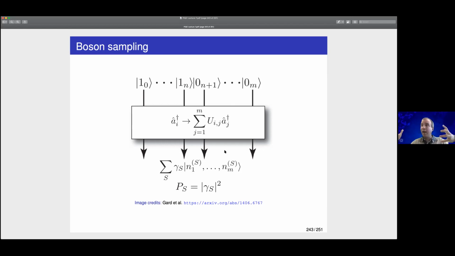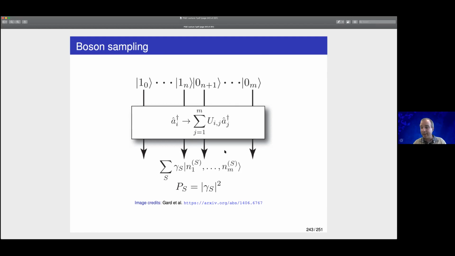And then you have some photon detectors at the other extreme of the network. And then you detect photons at some places, okay? Of course, this is a quantum evolution of the different superpositions of possibilities for the photons. So what you measure is probabilistic.